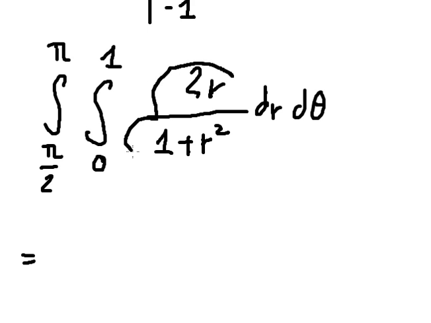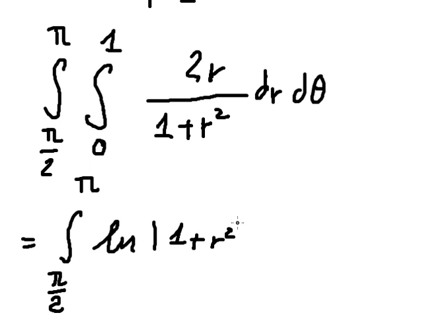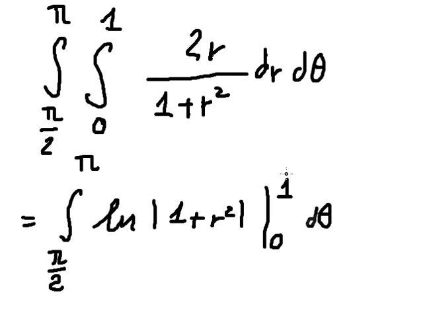So the integration of 2r over 1 plus r squared, we have ln of the absolute value of 1 plus r squared, and we put the bounds from 0 to number 1. So I will put number 1 here, number 0 here.